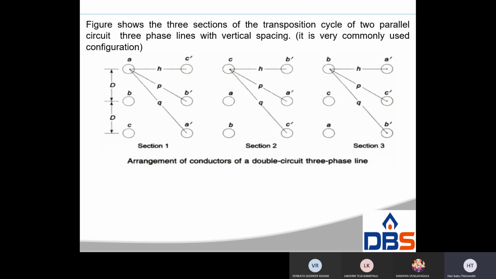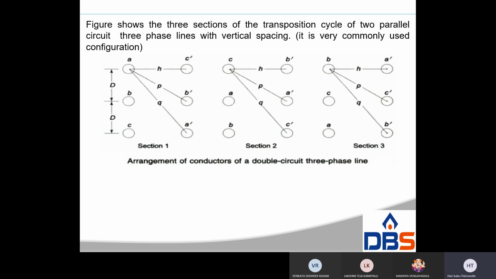Now how to determine the mutual GMD? DM1 or DAB is equal to DAB, DA dash B dash, DA dash B, and DAB dash, whole power 1 by 4.